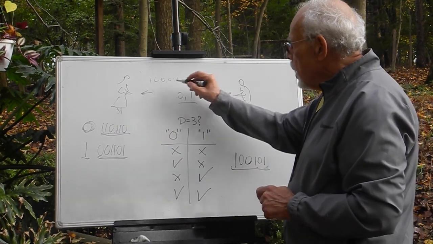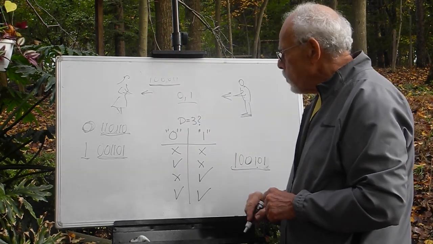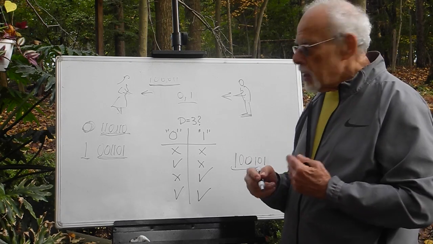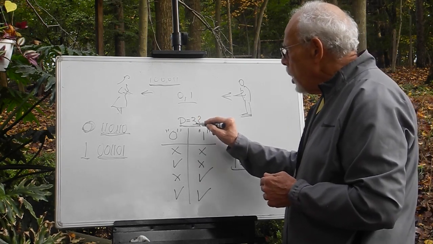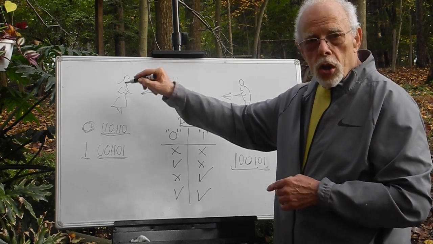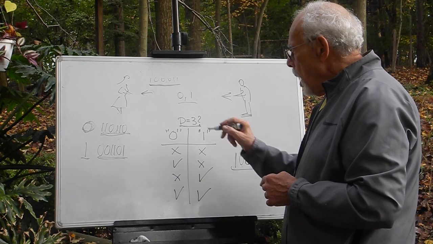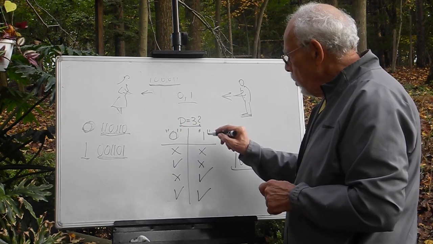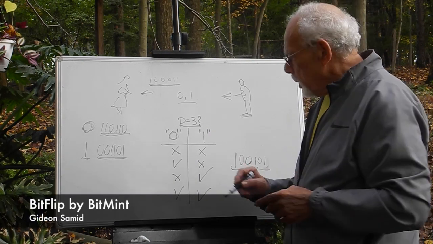Now, the string of 6 bits that comes to the recipient is checked for whether there is a distance of 3 between what comes in from the transmitter and the symbol 0 and the symbol 1. There are 4 possibilities.